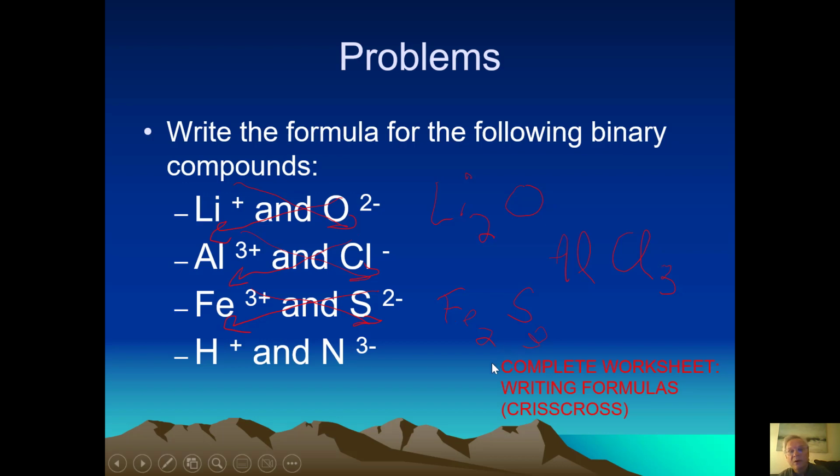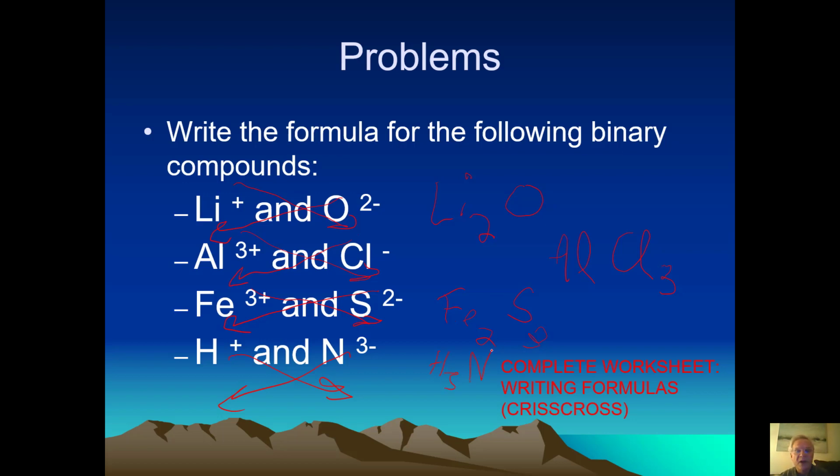And for the last one, the number comes down, the number comes down, without the charge actually. So this becomes H3N.